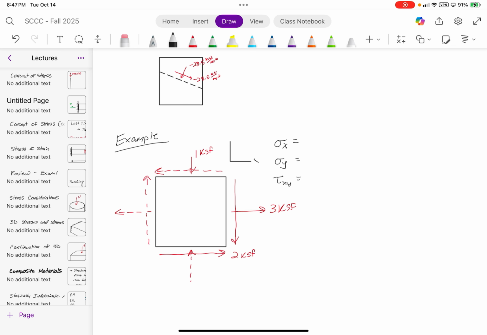The axes are just x and y, and those are both positive. So sigma x would just be 3 KSF, right? Sigma x is 3 KSF, positive or negative? Positive. Yep.